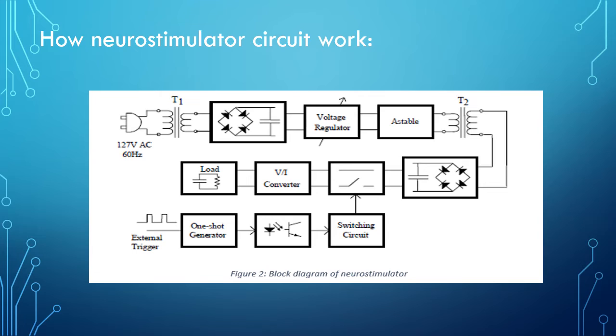T1 is a line transformer that converts 60 Hz mains power to 30 volt AC power, after passing via a 4-diode bridge and a bulk capacitor filter. The rectified voltage is sent into a regulator circuit whose output may be adjusted between 0 and 12 volts and sets the supply voltage to a stable level.